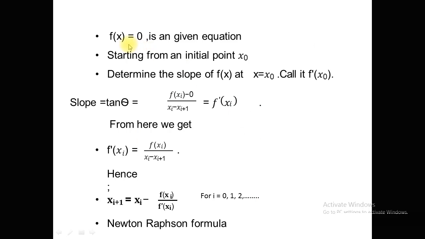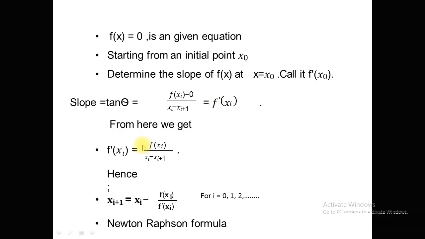Now, to derive the Newton-Raphson formula, suppose we have the nonlinear equation f of x is equal to 0. This is the given equation. Starting from an initial point x naught, determine the slope of the function at x equal to x naught, call it f dash at x naught. Then the slope of the function will be tangent theta is equal to f of xi minus 0 divided by xi minus xi plus 1, and this is actually the derivative of the function at xi.